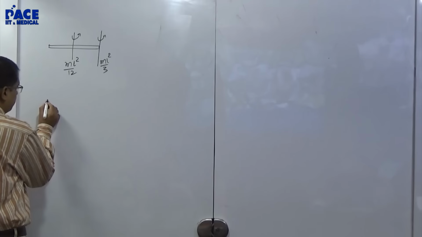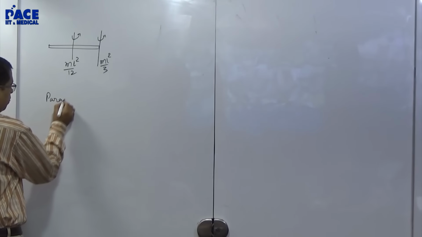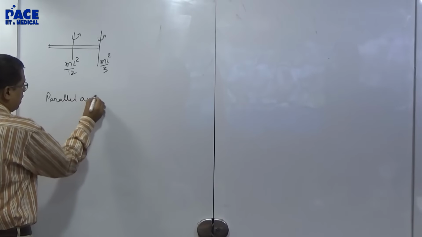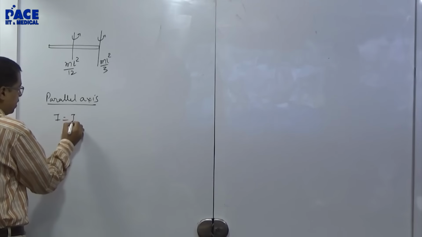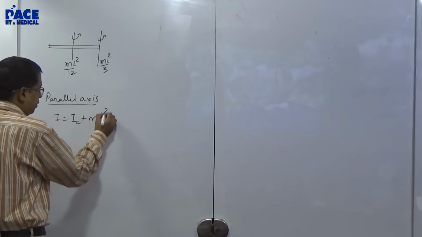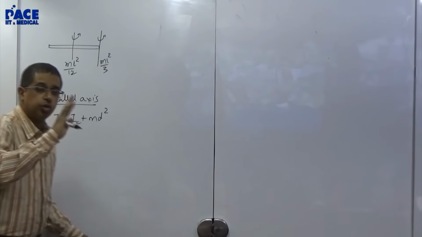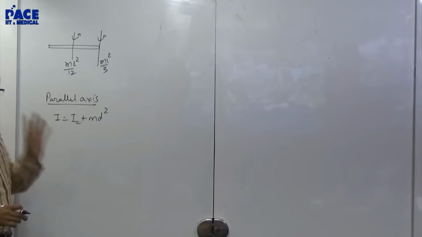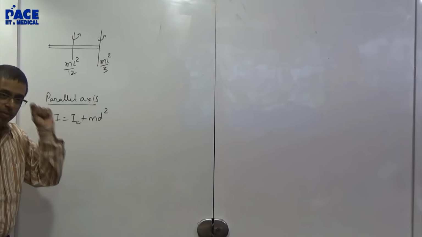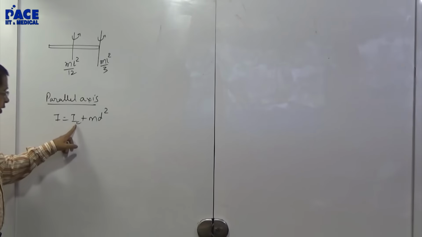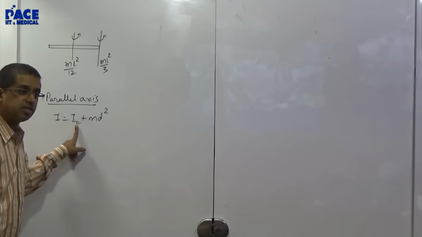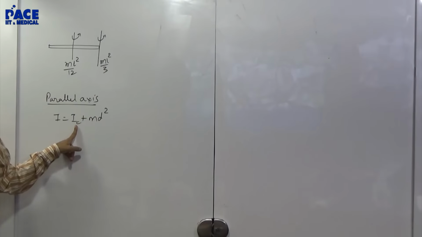Then you dealt with the parallel axis theorem: I is Ic plus M into d square. Two points you should never forget here. The two axes must be parallel. Second, one must be passing through the center of mass of the body.